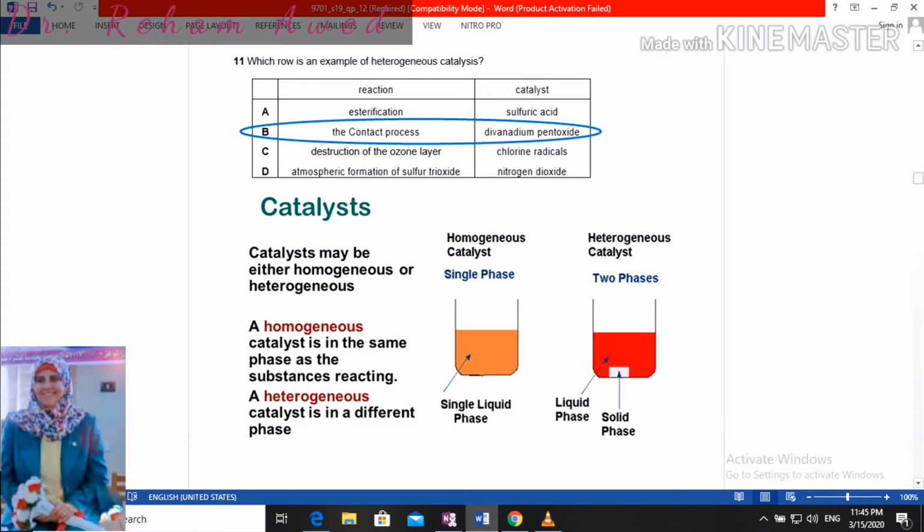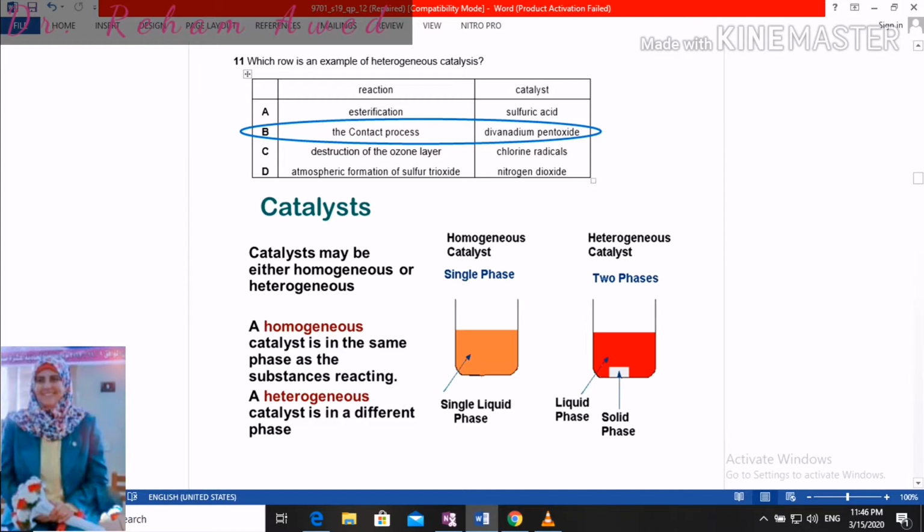According to the definition of homogeneous catalyst and heterogeneous catalyst, we must know how to answer the following questions. Number 1, A, esterification reaction and our catalyst is sulfuric acid. Esterification reaction is a reaction between carboxylic acid and alcohol.